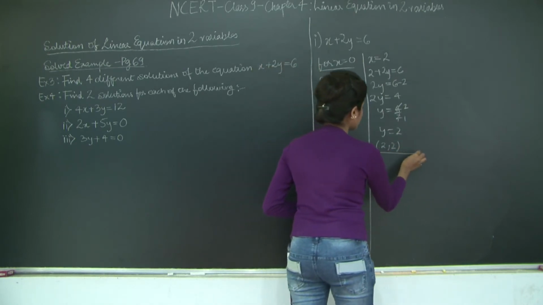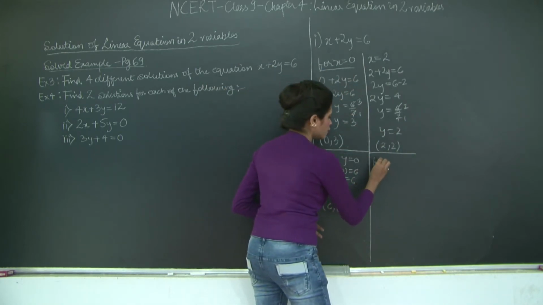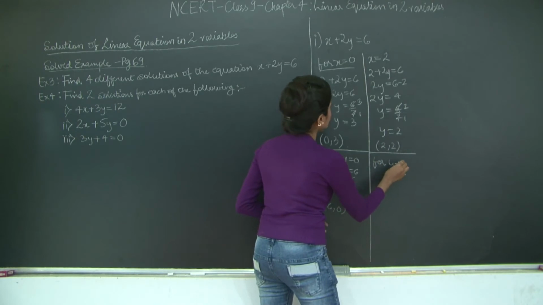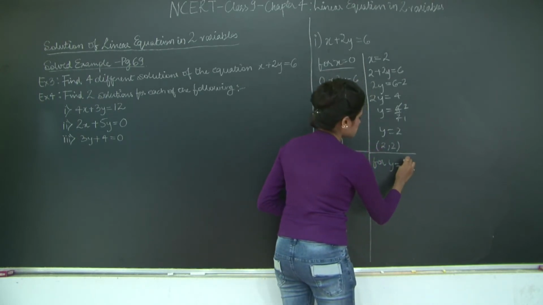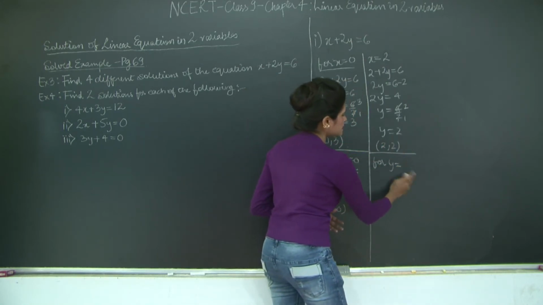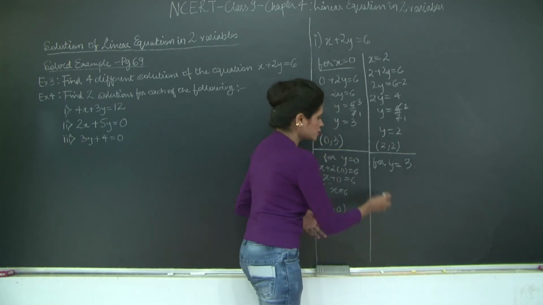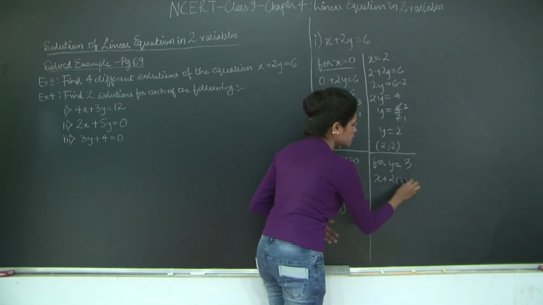Let's take another random value for y. Since we took a value for x, we will take a value for y. Let's take y is equal to 2. Oh, we already have y is equal to 2, so I'll take y is equal to 3. So what does my equation become? x plus 2 into 3 is equal to 6.